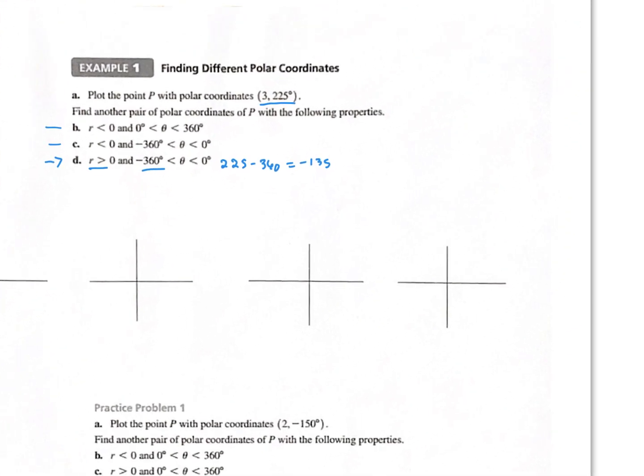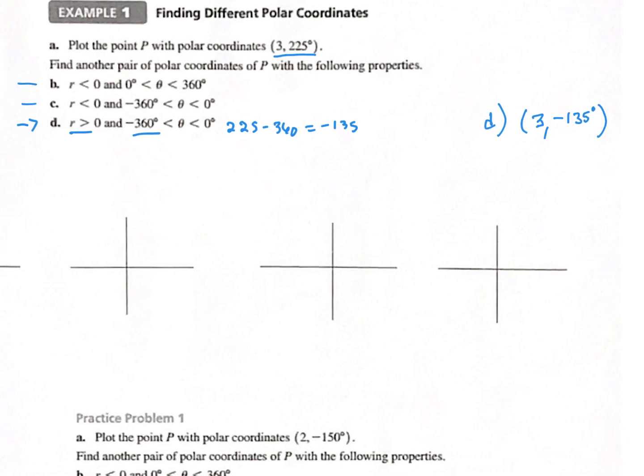So in other words, point D is equivalent to this point 3 comma 225 degrees, but it would be 3 comma negative 135 degrees. So let's think about how we would graph that.